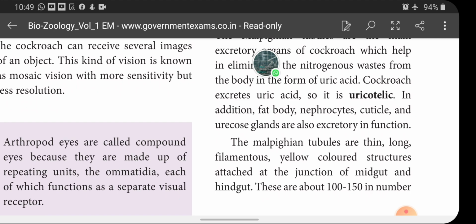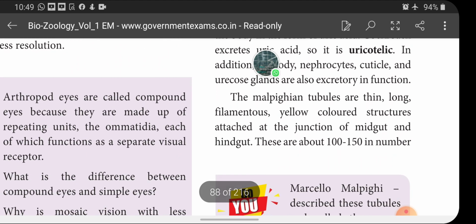In addition, fat body, nephrocyte, cuticle and uricose glands are also excretory in function. So the main excretory organs are Malpighian tubules, and in addition to that, these organs are also involved in that function. Malpighian tubules are thin, long, filamentous, yellow colored structures attached at the junction of midgut and hindgut, that I discussed when I taught the digestive system.